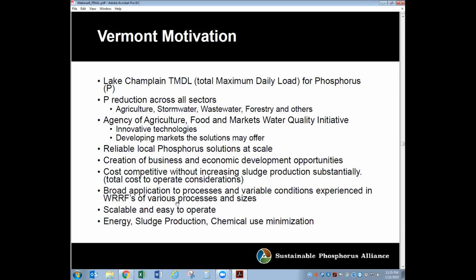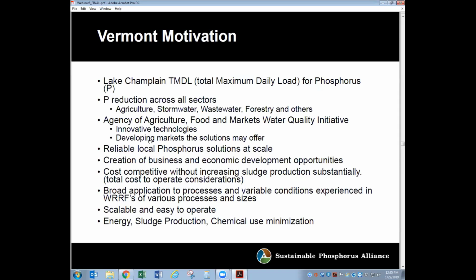So we've been doing phosphorus removal to 0.8 since the 1980s, and now we're treating to 0.2 under the TMDL. And there's some litigation going on in the state that may require a lower level if the litigation is successful.